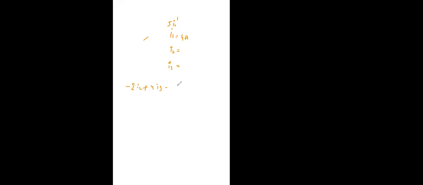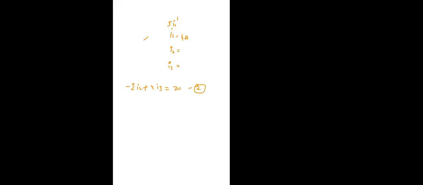Okay, for loop 2, right? What about this third loop? So you replace this 5 I0 with which value? I3, sir, it depends on the current in the third loop.